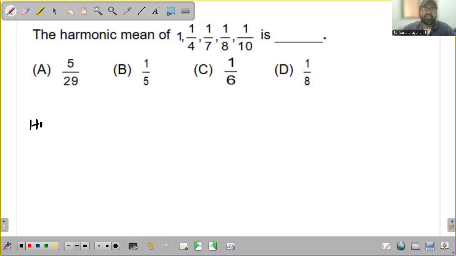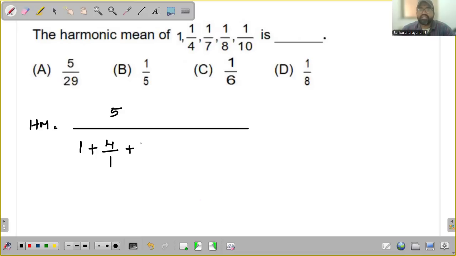So how to calculate it? The harmonic mean will be 5 upon, first observation is 1, so 1 by 1 is equal to 1. The second observation B is 1 by 4, so you have to find 1 by B, that is 1 by 1 by 4, which is nothing but 4 by 1. Similarly, for 1 by 7, its reciprocal becomes 7 by 1.